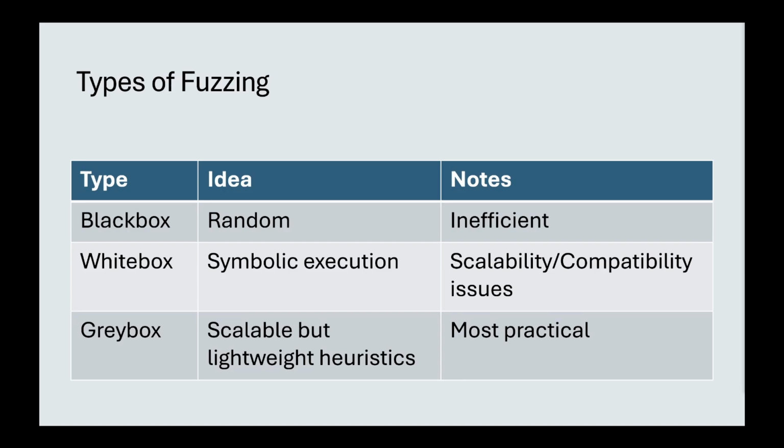So basically, it's not just being random, and it's actually utilizing what the program is saying to make the process better. And the biggest thing is that while it may not be the best thing possible, it certainly is the most practical.